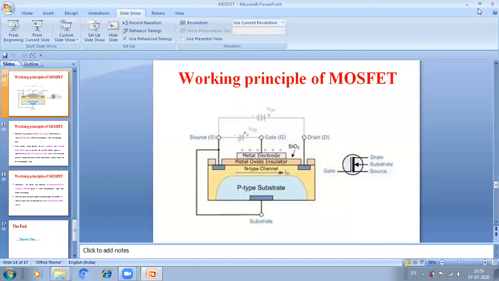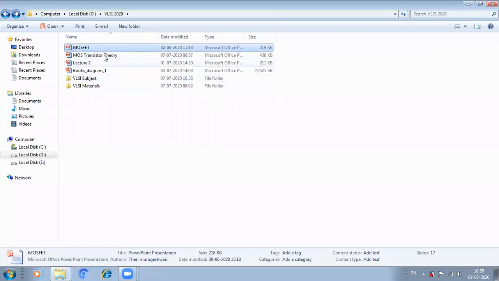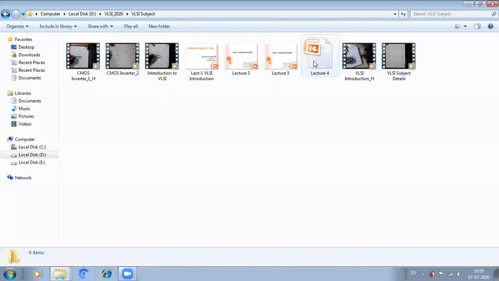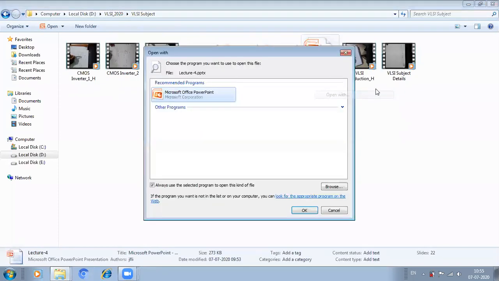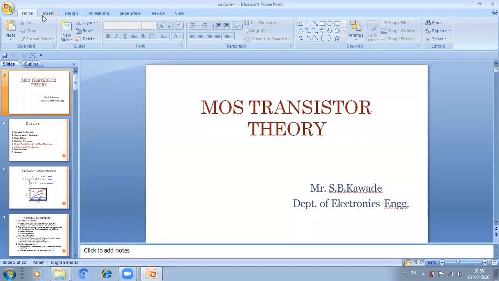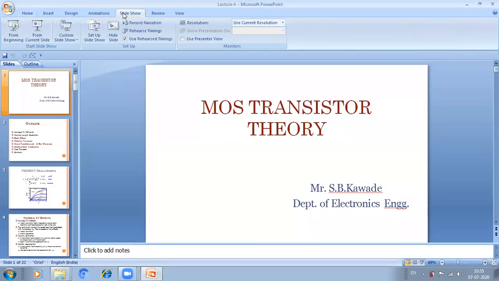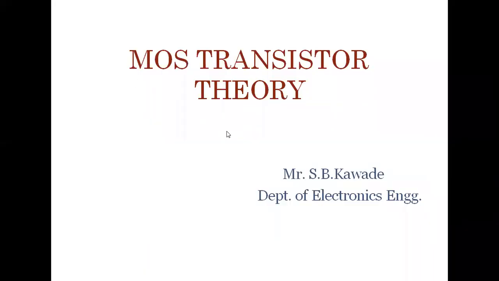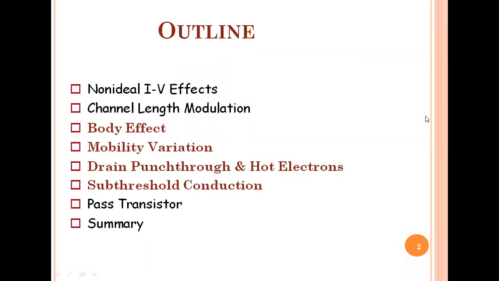So now we will come to today's topic. In today's session, we'll understand the non-ideal IV effects.